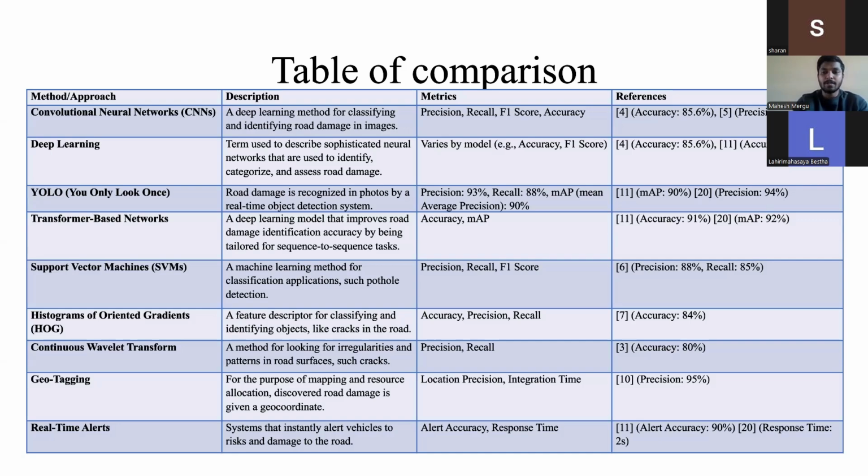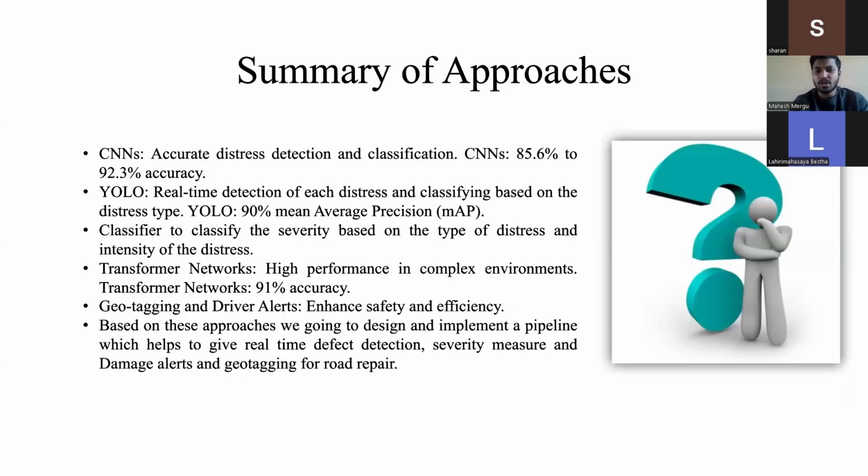So let's go to the next slide, which is a summary of all the approaches that we have gone through. In the summary, I would say CNNs give accurate distress detection and classification, with accuracy from 85.6% to 92.3%, because it uses a deep learning method, which is quite a good one.